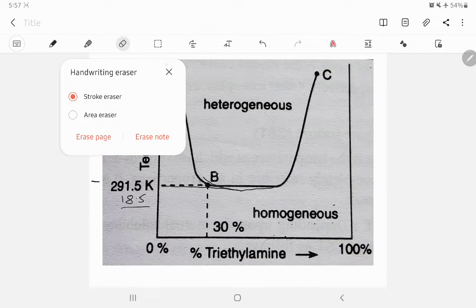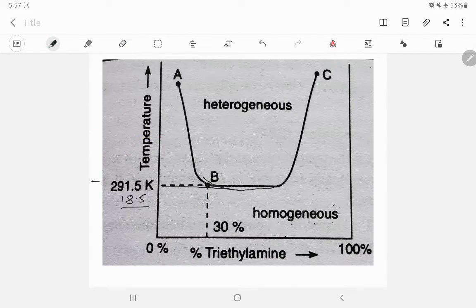But above this temperature, suppose we consider any point X. What does that point or that composition state?